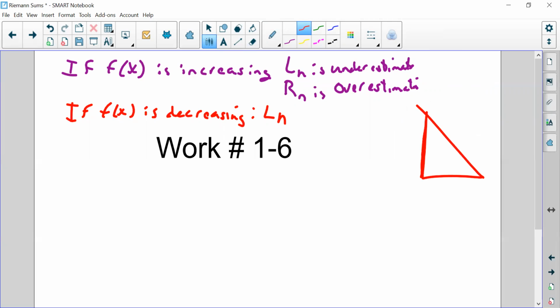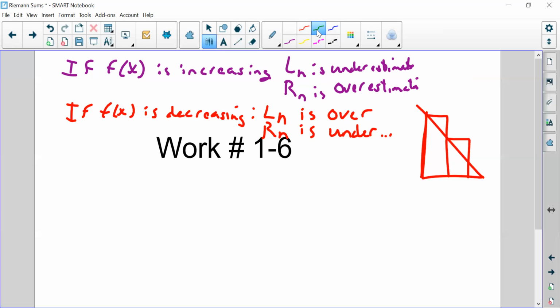So if I'm doing L, it's going to look something like this. So that does over. So L sub n is an overestimation. What's R sub n? Okay, and this would be an underestimation. Okay, underestimate.